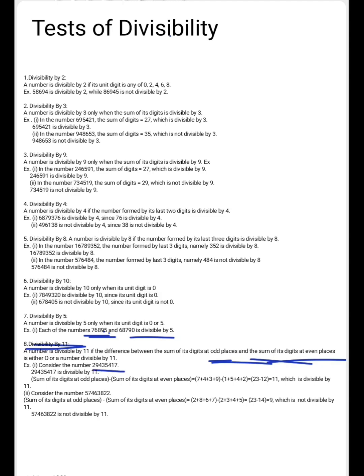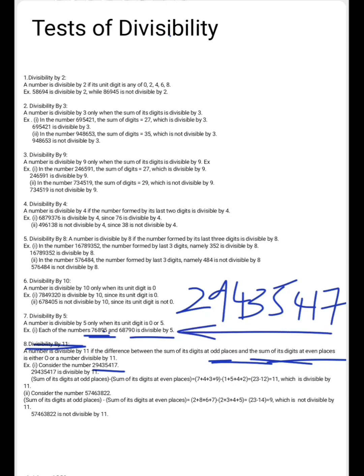29435417. We need to consider the places from the right side. This is the 1st place, 2nd place, 3rd place, 4th place, 5th place, 6th place, 7th place and 8th place.